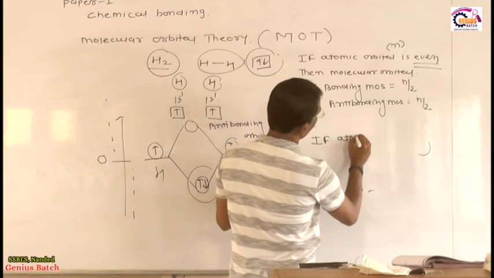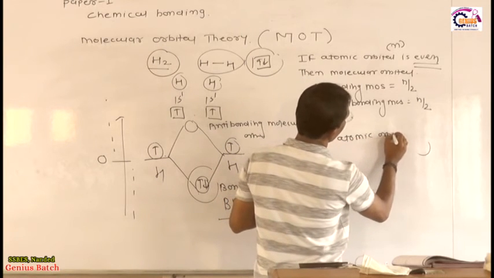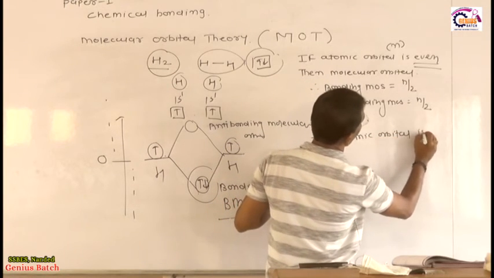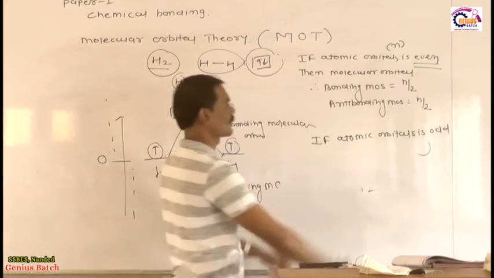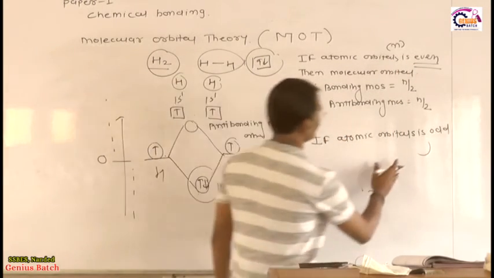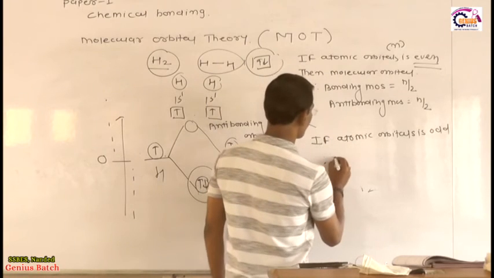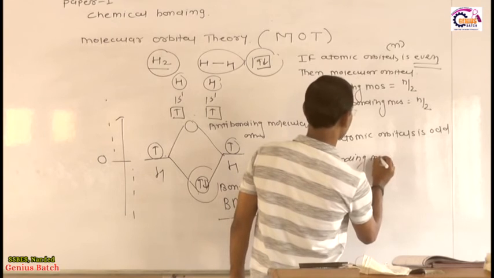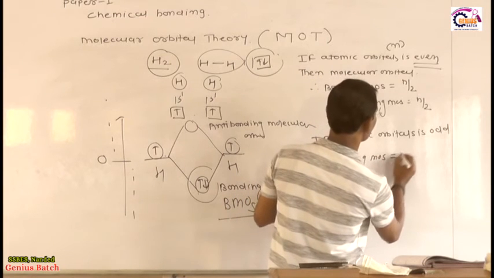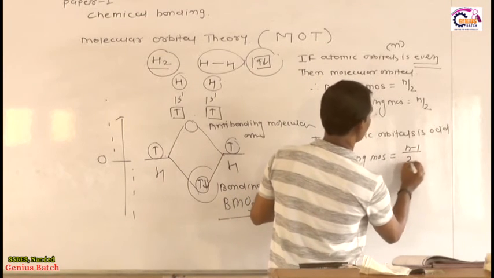And if the number of atomic orbitals is odd, my friend, listen very carefully, then in molecular orbitals the bonding MOs are equal to n minus 1 by 2.